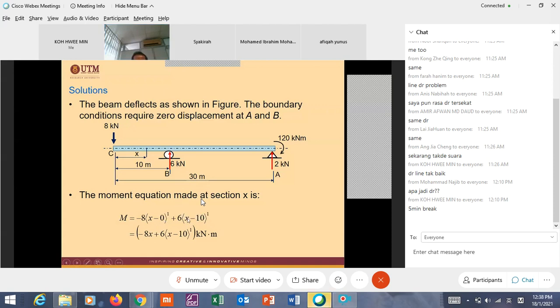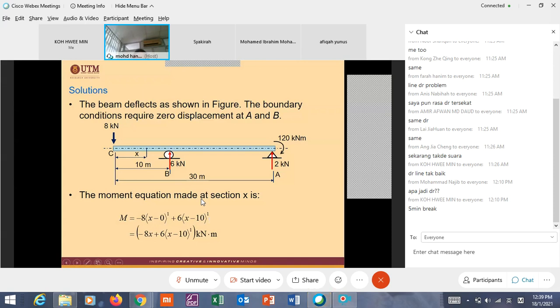When the sum in this bracket is negative, neglect this term. So that means when x is less than 10 meter, this one becomes negative. Neglect this one. But when x equals 20, for example, 20 minus 10 is positive. Then you can use this second term.